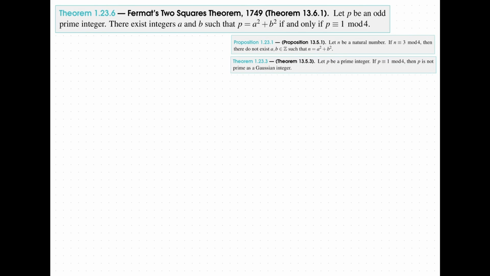And as we will see, this is much simpler than Euler's original argument, and it shows that the property of those primes which are sums of two squares is really a consequence of the structure of the Gaussian integers. Similar results hold true for the other cases that Euler studied, the primes of the form x squared plus 2y squared, and the primes of the form x squared plus 3y squared.